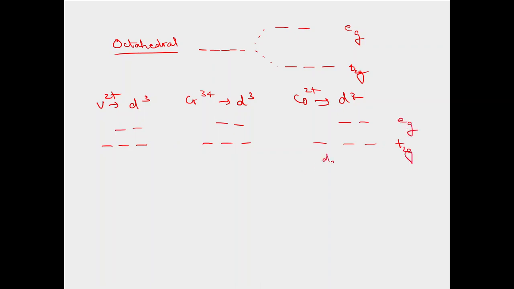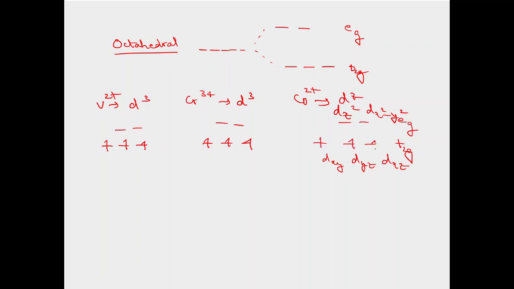In t2g there is dxy, dyz and dxz, whereas in eg we have dz squared and dx squared minus y squared. D3 means this will be the filling, and for chromium also D3, whereas for cobalt 2 plus there are 7 electrons.